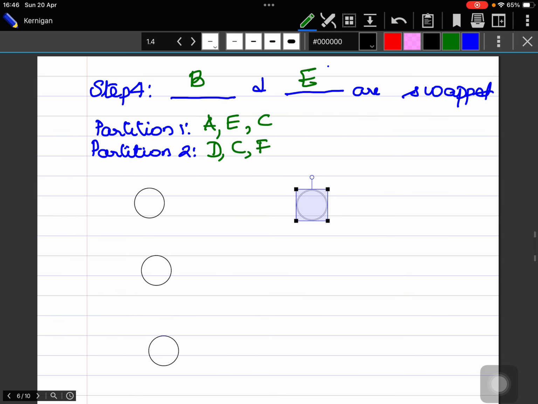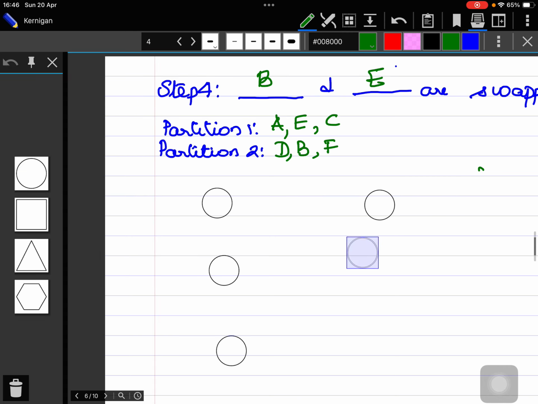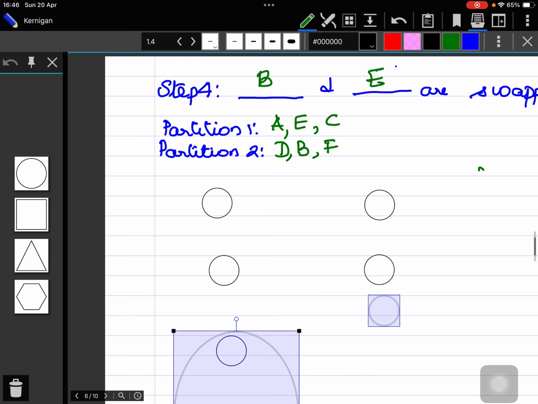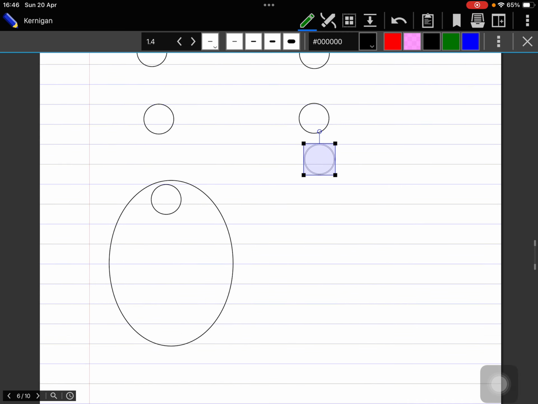This one should be B. Am I right? This should be B. D, B and F. So this will be D and this will be B. Okay. And this will be F.